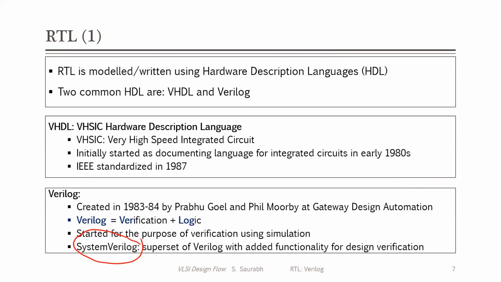It is much richer than Verilog. Verilog basically had more of the syntax of the C language, and SystemVerilog actually had classes and other things, and it adopted features from C++, right? There is more object-oriented programming in SystemVerilog than in Verilog.